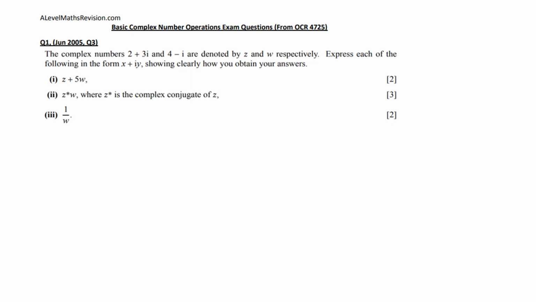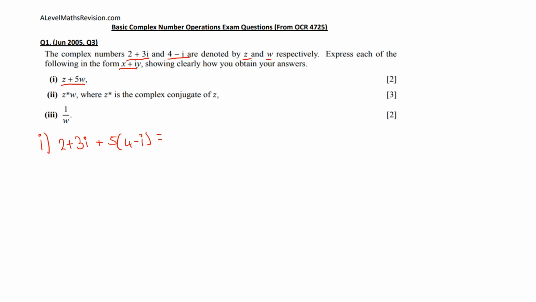Question 1. The complex numbers 2 plus 3i and 4 minus i are denoted by z and w respectively. Express each of the following in the form x plus iy, showing clearly how you obtain your answers. So z plus 5w. We've got z being 2 plus 3i, and then we're going to add that to 5 lots of 4 minus i.